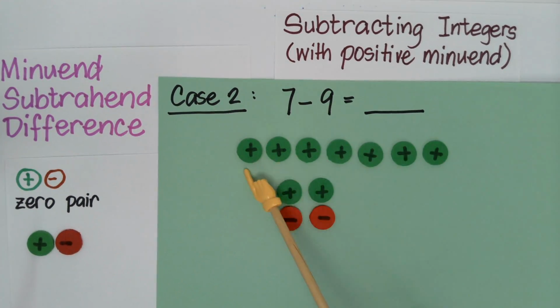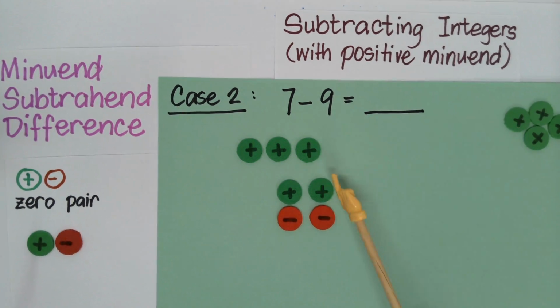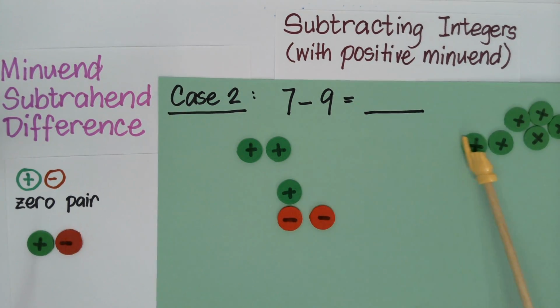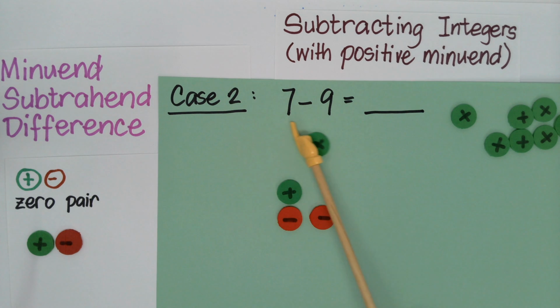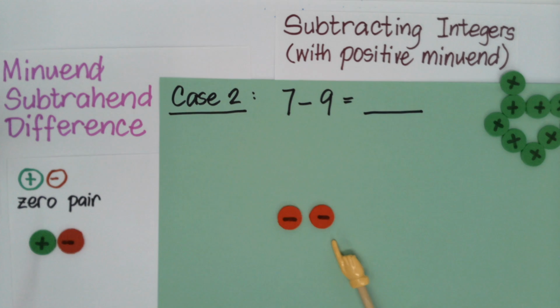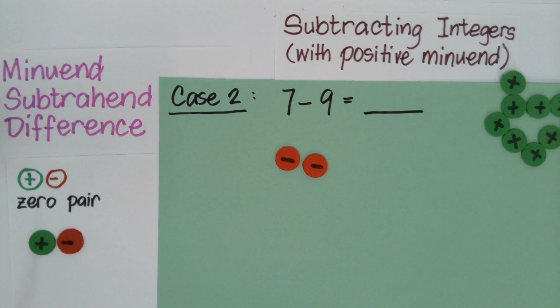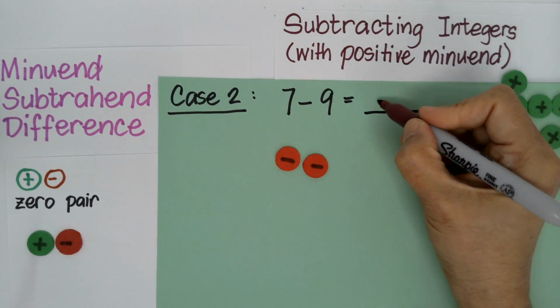Now we have enough, 9 discs, to be taken away. So remove the 9 discs, and we have 2 negative discs remaining. Therefore, 7 minus 9 is equal to negative 2.